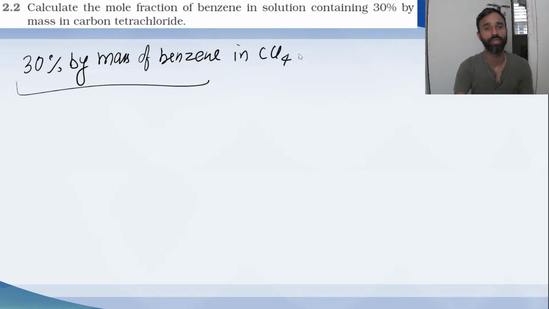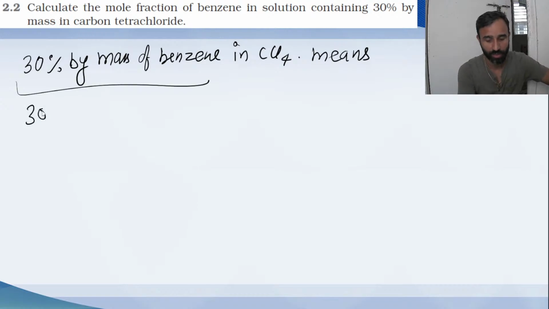This is the solution. So in this solution we have to calculate the mole fraction of benzene. So 30% by mass of benzene in CCl4 means, yes beta, what it means?